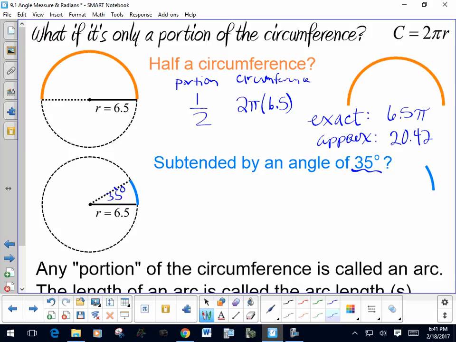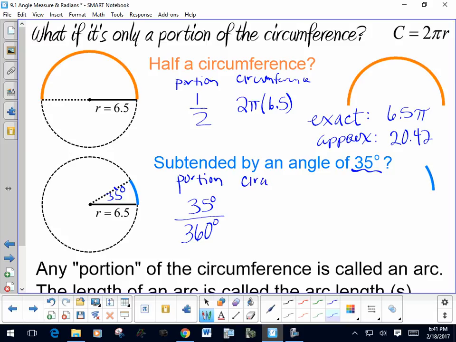Well, 35 degrees is just a portion of that circle, so we can think of this the same way. We'll think about what the portion of the circle is. We have 35 degrees out of, well, an entire circle, if we rotate it all the way around, would be 360 degrees. So we have 35 degrees out of 360. That's the portion of the circumference that we have.